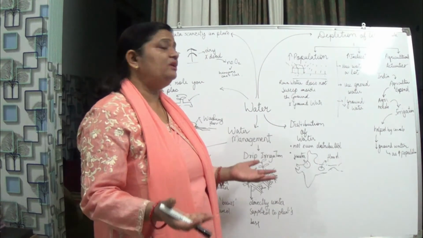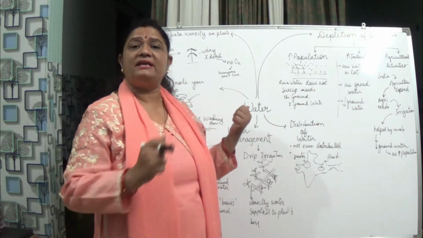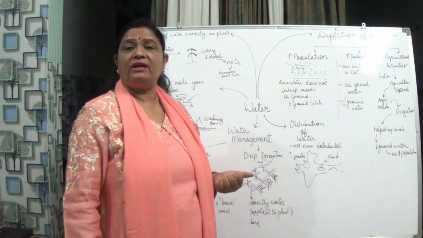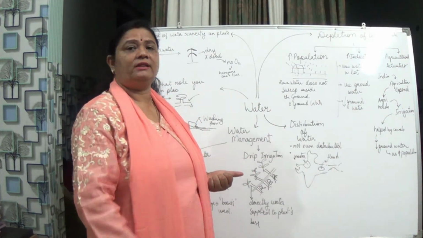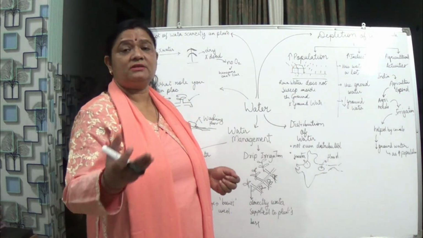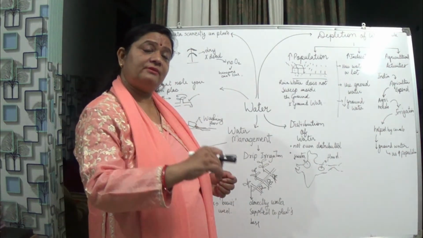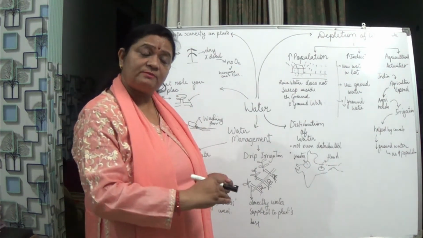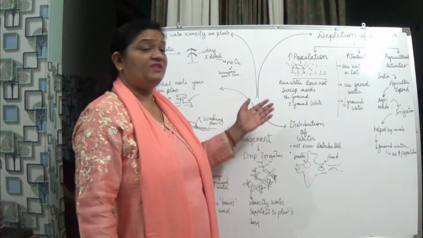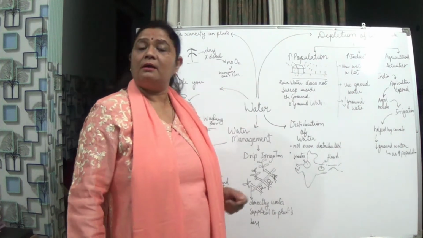Naturally, what will happen if the seeping of water is not taking place inside the ground? The level of water in the water table will decrease. In the soil region, infiltration takes place, and thus we can see that increasing population can deplete the water table.